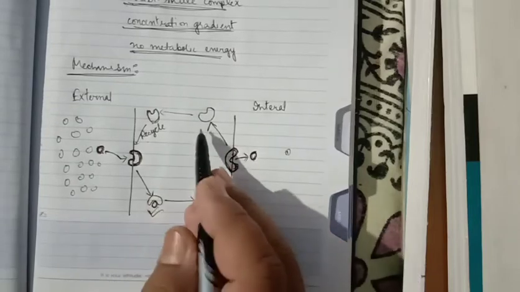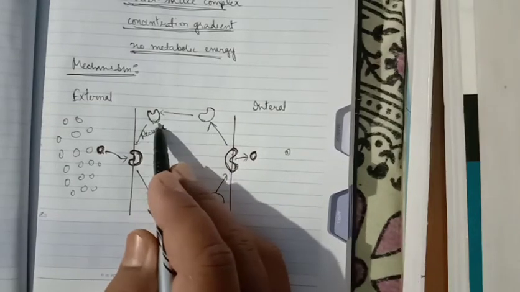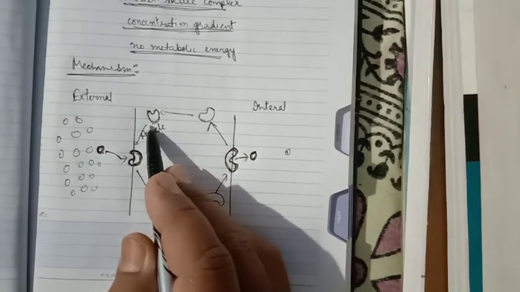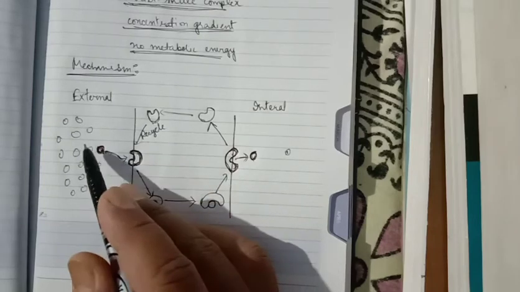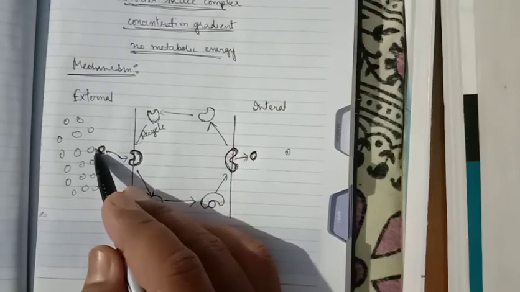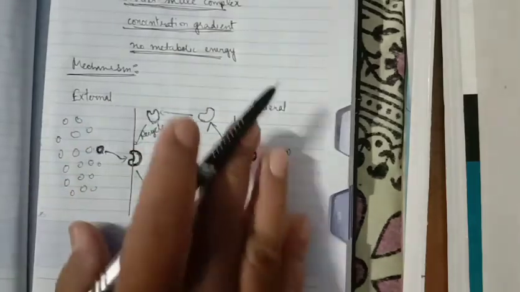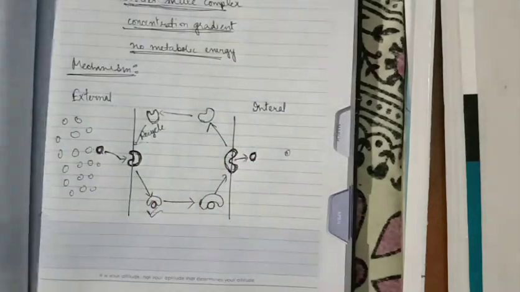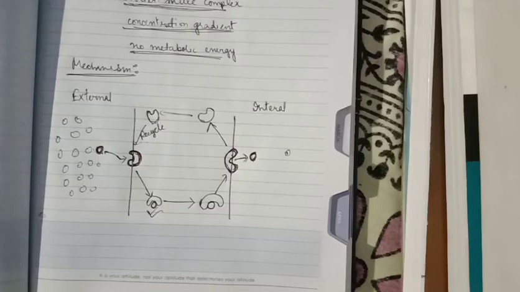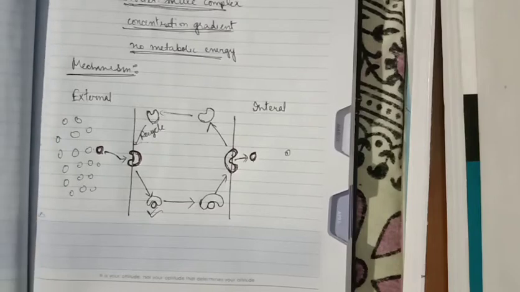Then it regains its original shape, and again it binds another solute molecule. This is the mechanism of facilitated diffusion. Clear?